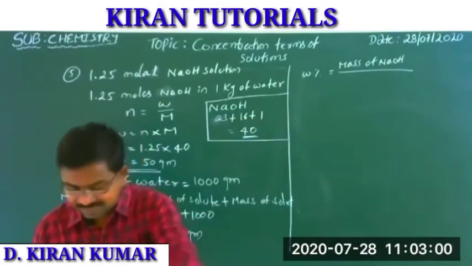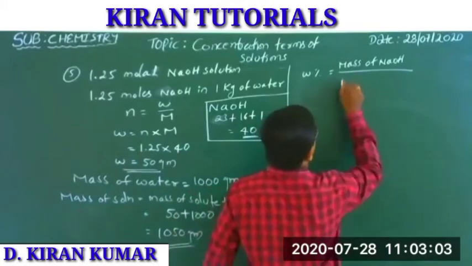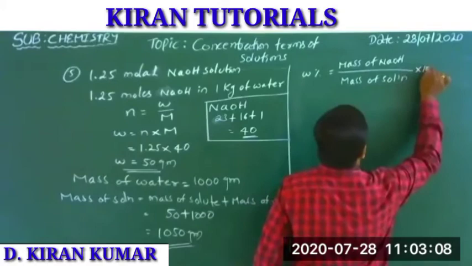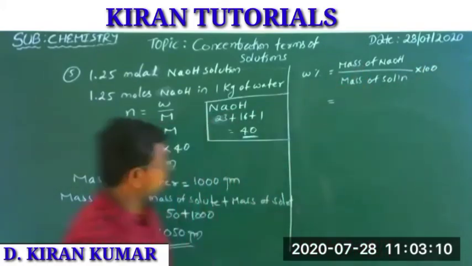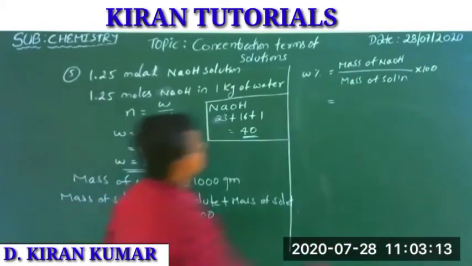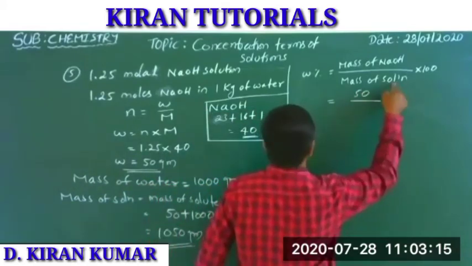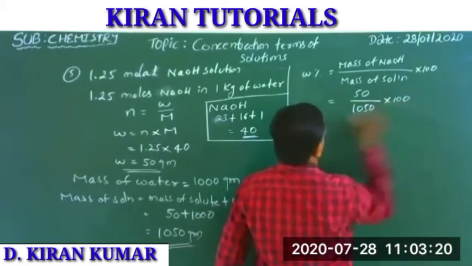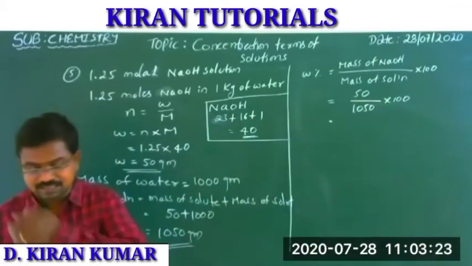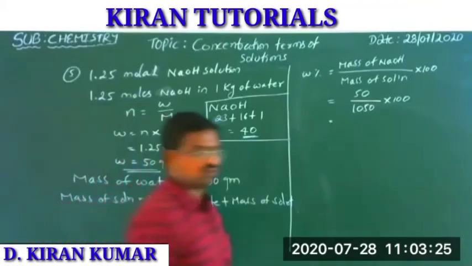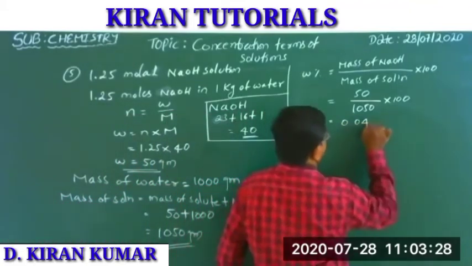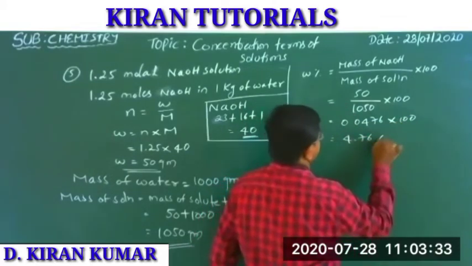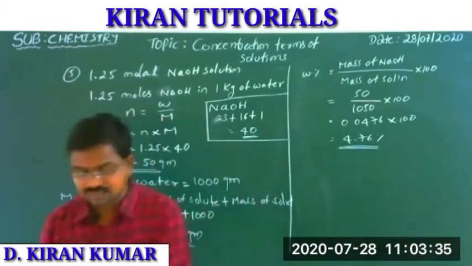Mass of a solute by mass of a solution into 100. What is the mass of sodium hydroxide? 50 grams. So 50 by mass of a solution, 1050 grams, into 100. If you do the calculation, 0.0476 into 100, that is equal to 4.76%. That is the answer. Clear?